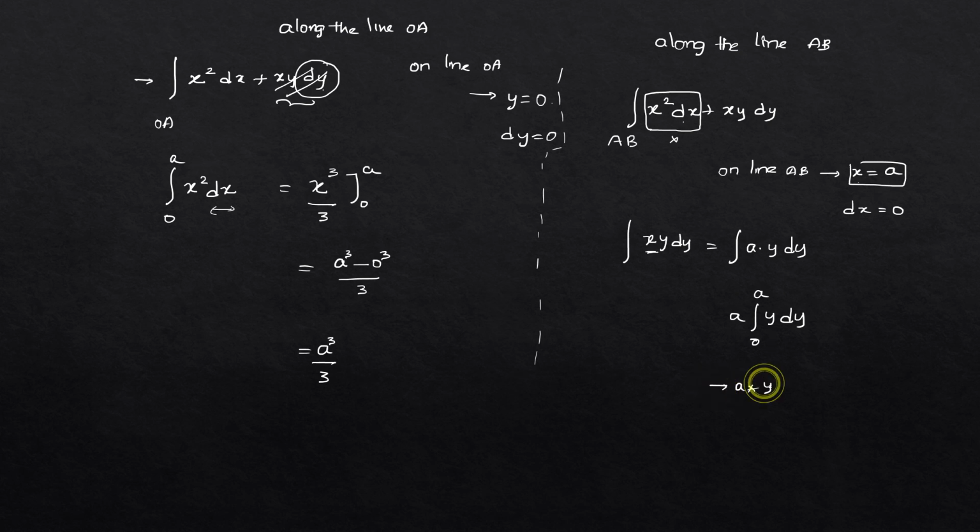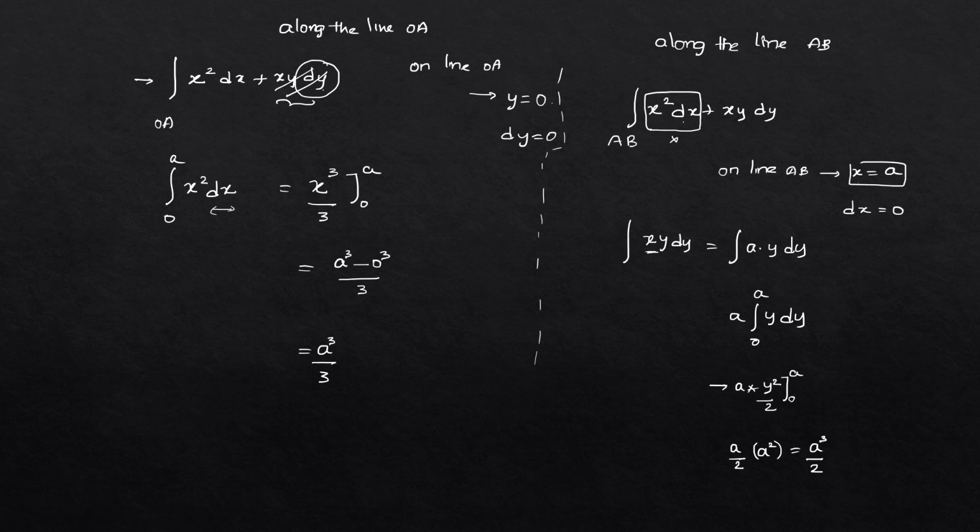It is y square by 2 over the limits 0 to a. So a by 2 into a square, that means a cube by 2.